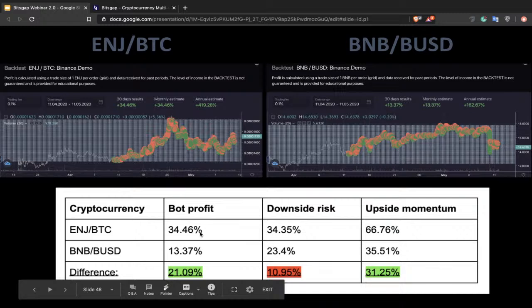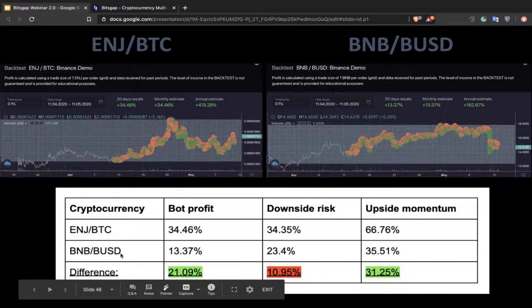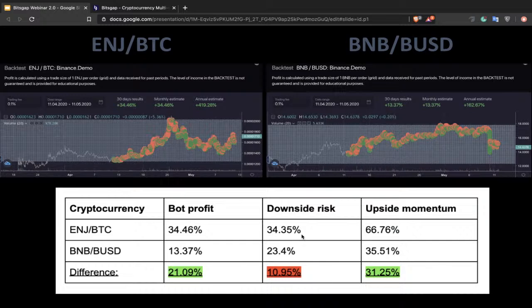So if you are, once again, risk averse, BNB could be an option for you. And if you are a risk taker and you are ready to take the risk of minus 34%, so if you are ready to see the value of NG falling by 34%, but to have a bot profit of around 34%, then in this case NG could be an option for you.